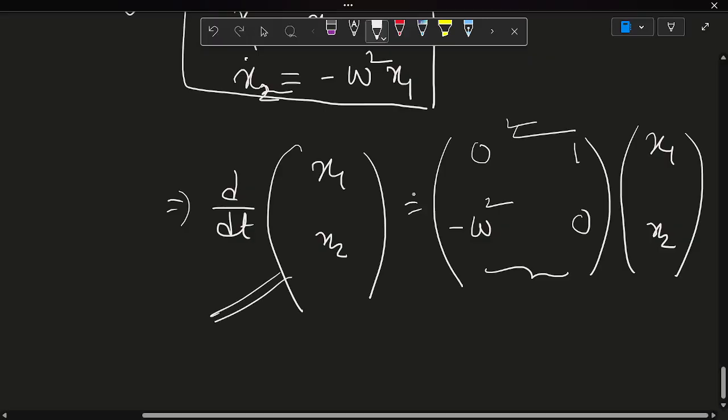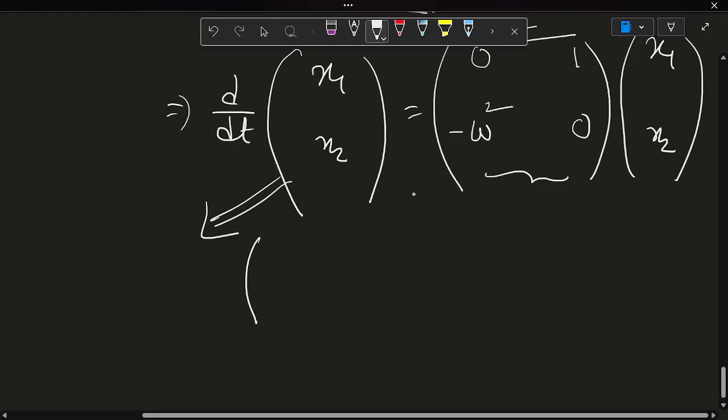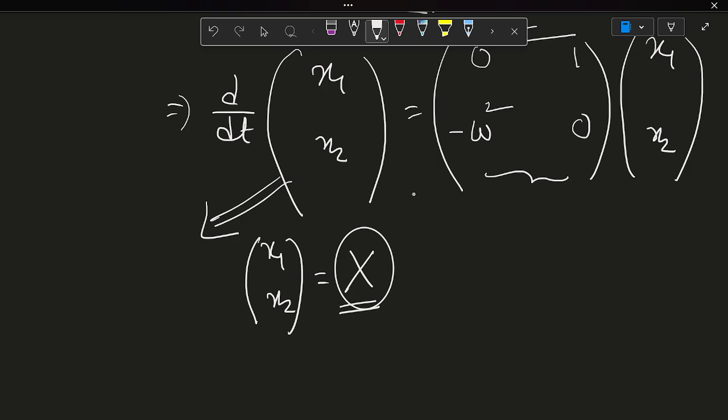Now you can call this x1, x2 vector capital X. In MATLAB you will use this matrix, and let me call the other matrix f. So the right hand side is basically f(x, t).